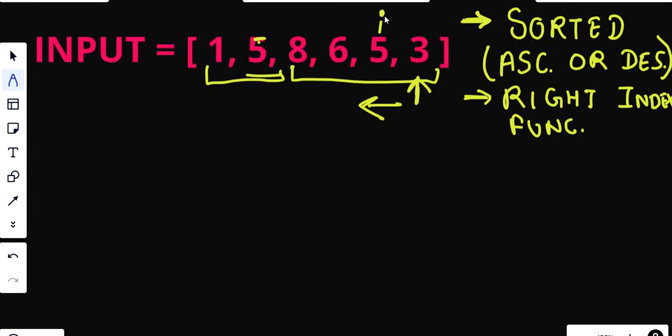If I say this is my I, then this will be the I plus 1 index. To check whether this condition is true or not, I can simply say: if the element at I is greater than the element at I plus 1, then simply move in the left direction and keep decrementing I. At this place, the condition won't be satisfied, right?